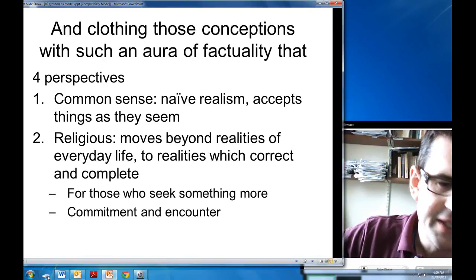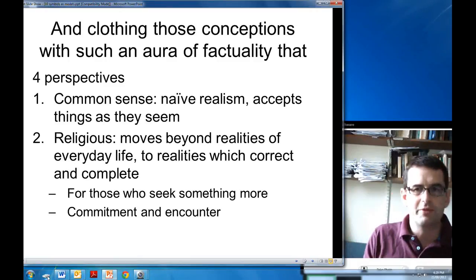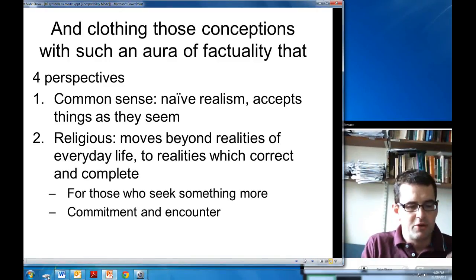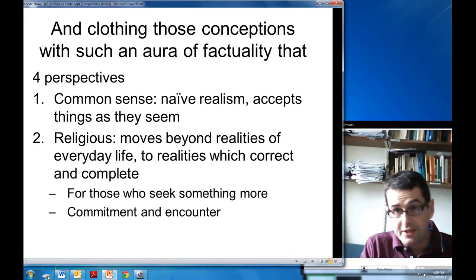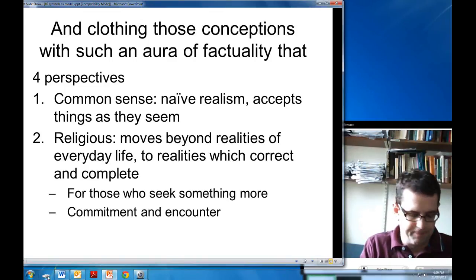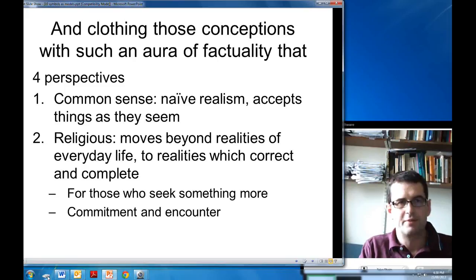Now, to answer this, we need to go beyond the common sense perspective of the world and move to a religious perspective. It could be quite simple to say it's a coincidence. It can become more complicated. It's God, it's the ancestors, it's witchcraft, it's spirits or whatever. So what this is talking about is what is really real, what lies behind the appearance of things in this world.